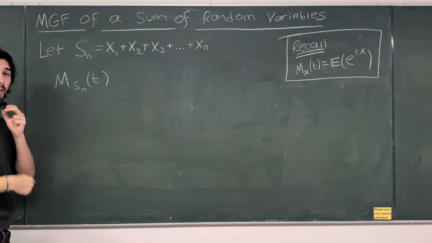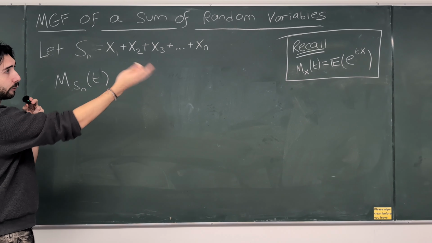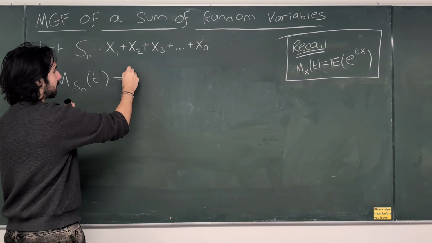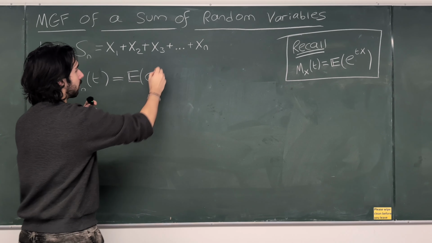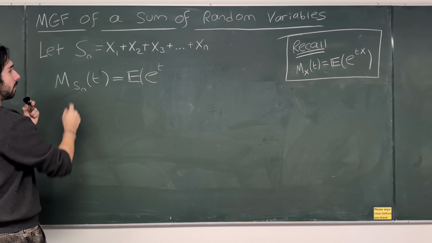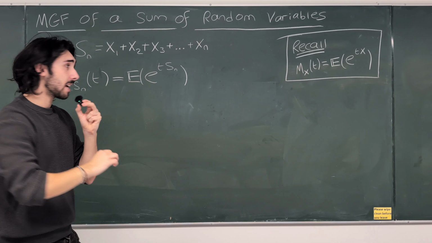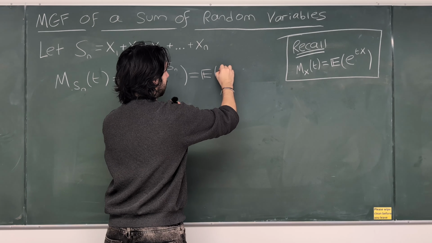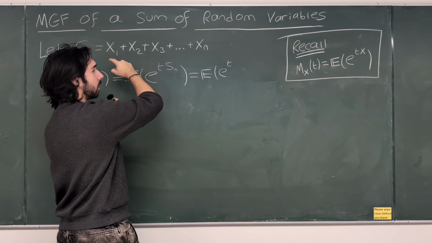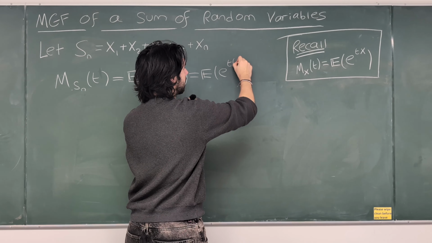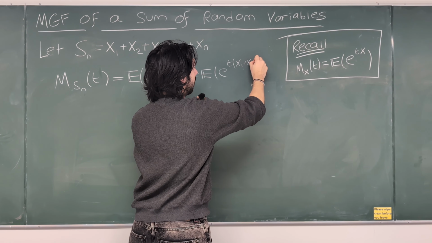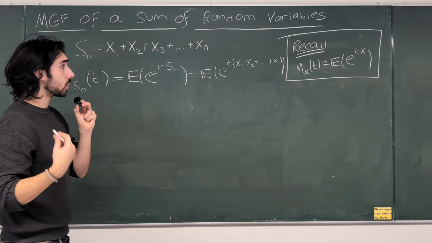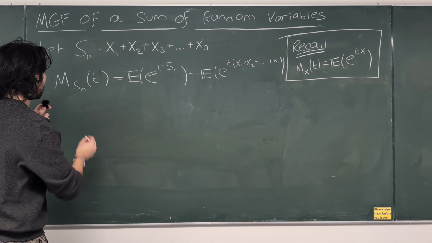Well, let's find out. Let's start off by just using the definition of the moment generating function. This is just going to be equal to the expectation of e to the power of t times the sum, Sn. Now we can expand this out a little bit, and rewrite this as the expectation of e to the power of t, and then Sn in terms of all of its x's, so x1 plus x2 all the way up to xn. Now we can use a rule of indices to split this up again.